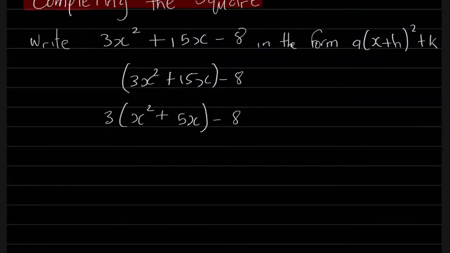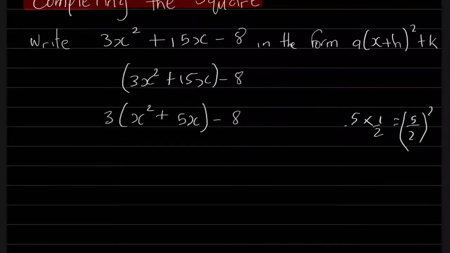The next step, we want to take half the coefficient of x. To find half of that 5, that would be 5 multiplied by 1 over 2, which will just give you 5 over 2. And after finding half of that, we want to square it.